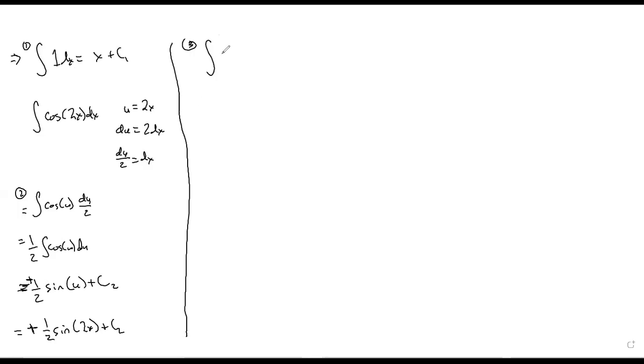is the integral of negative cosine squared 2x dx. So we're going to move that negative out.